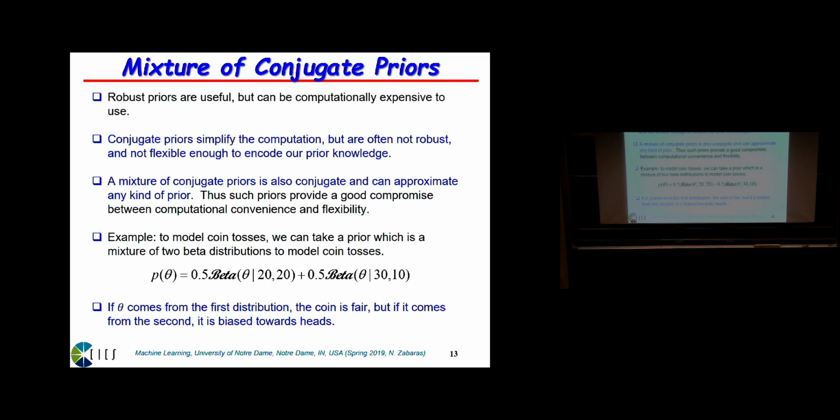So basically, these two priors get updated parameters, and the coefficients become posterior mixing coefficients. So this is sort of the prior mixing coefficients, but once you collect data, the data will point more, let's say, to a fair coin than an unfair coin. So you're going to have posterior mixing coefficients.